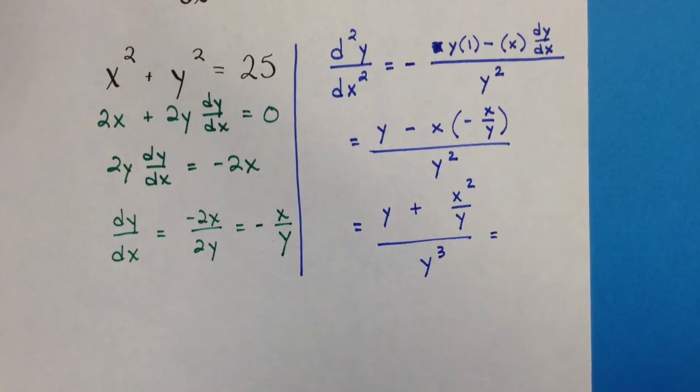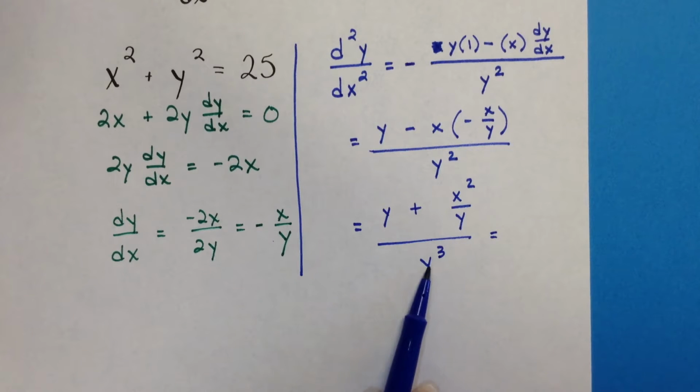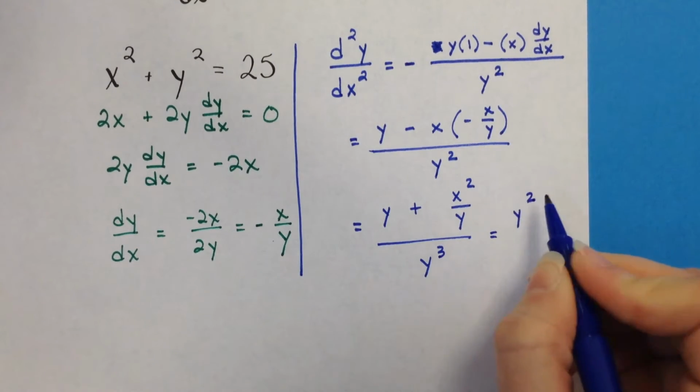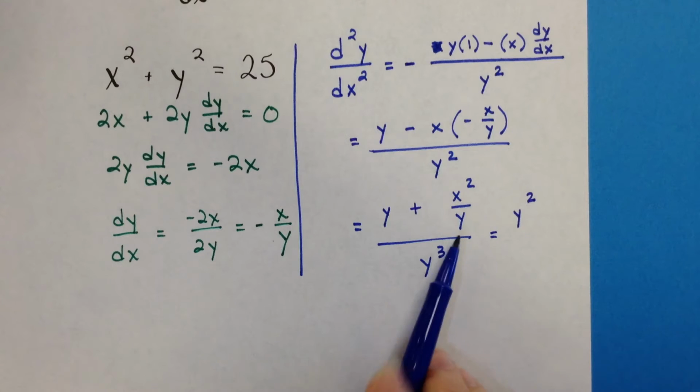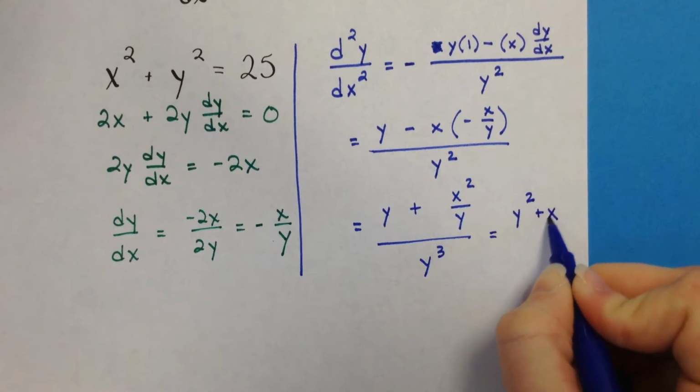Okay, so now I have a complex fraction and the denominator I have here is y, so I just need to go through and multiply each of my terms in my fraction by that common denominator. So if I multiply this times y, I get y squared. And then I multiply this times y, which is going to give me x squared.